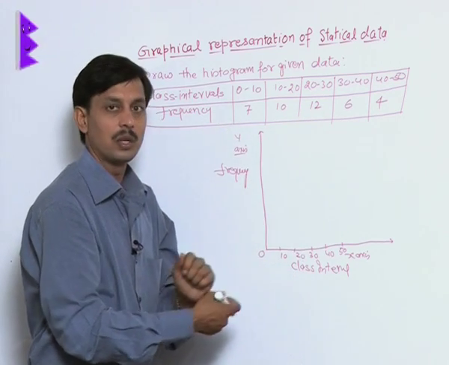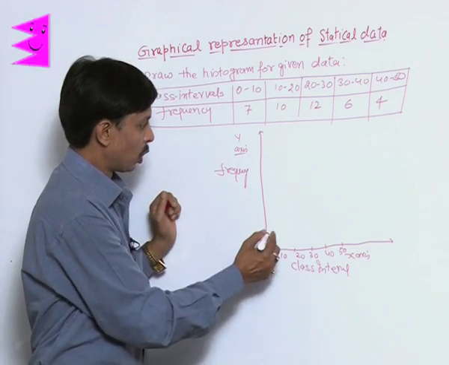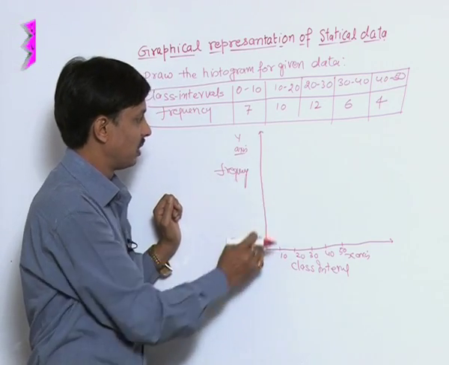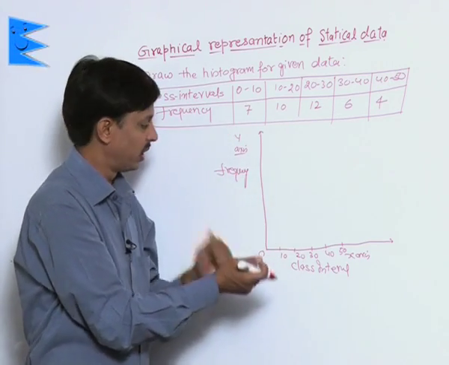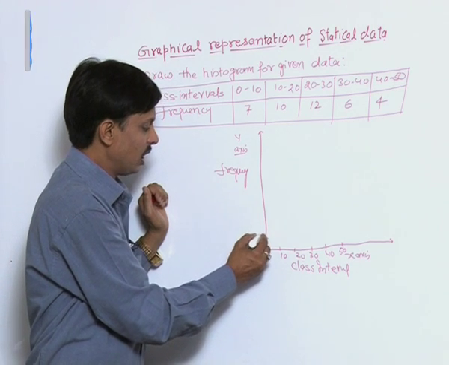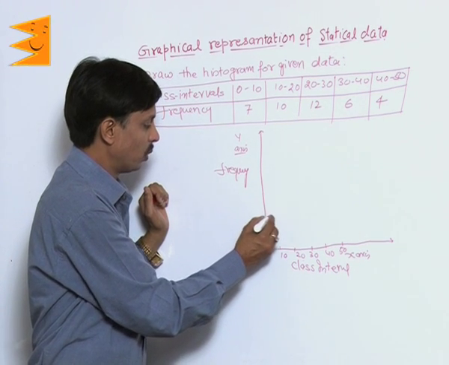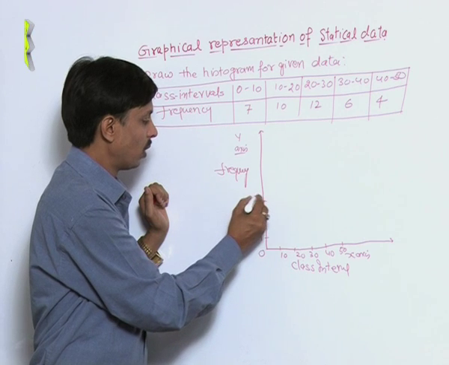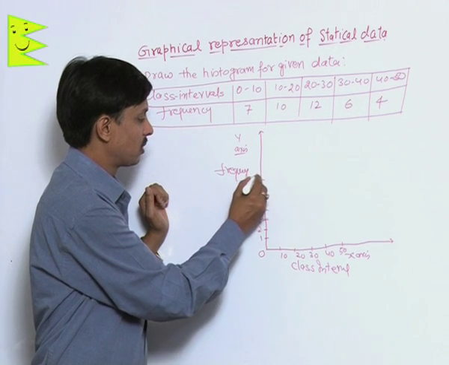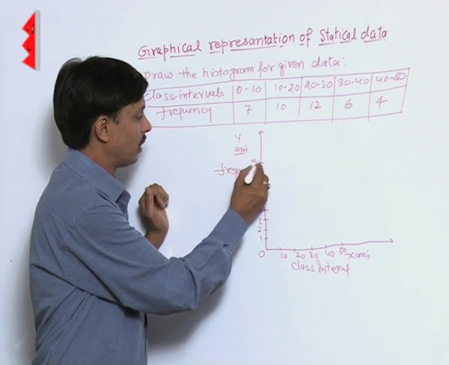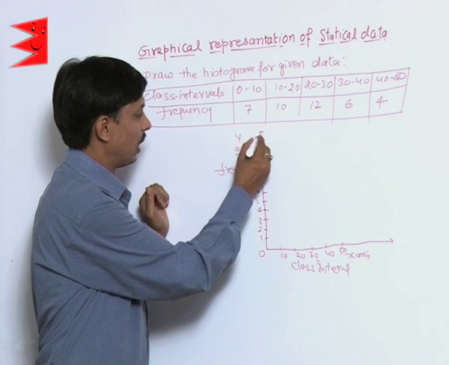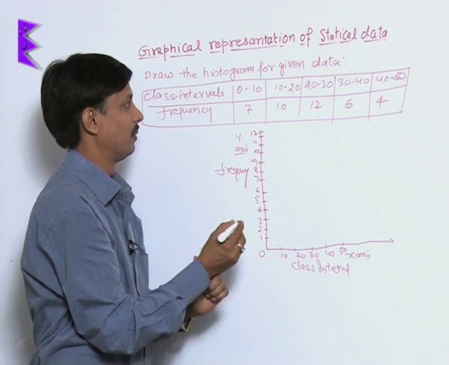The maximum frequency is 12, so I can divide this portion of the y-axis into 12 parts: 1, 2, 3, 4, 5, 6, 7, 8, 9, 10, 11 and 12.